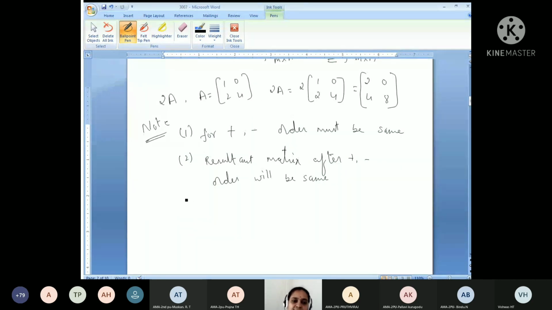Next, after scalar multiplication also, the order will not change.